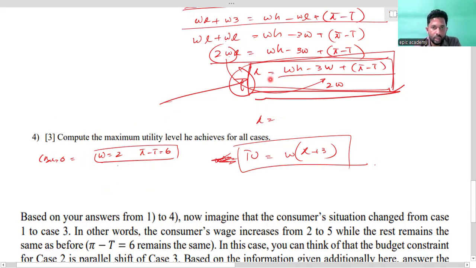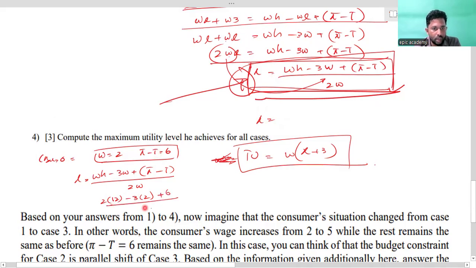By using this equation, L equals WH minus 3W plus 5 minus T, divided by 2W. H means 12, because we only have 12 hours. W is 2, and 5 minus T becomes 6.